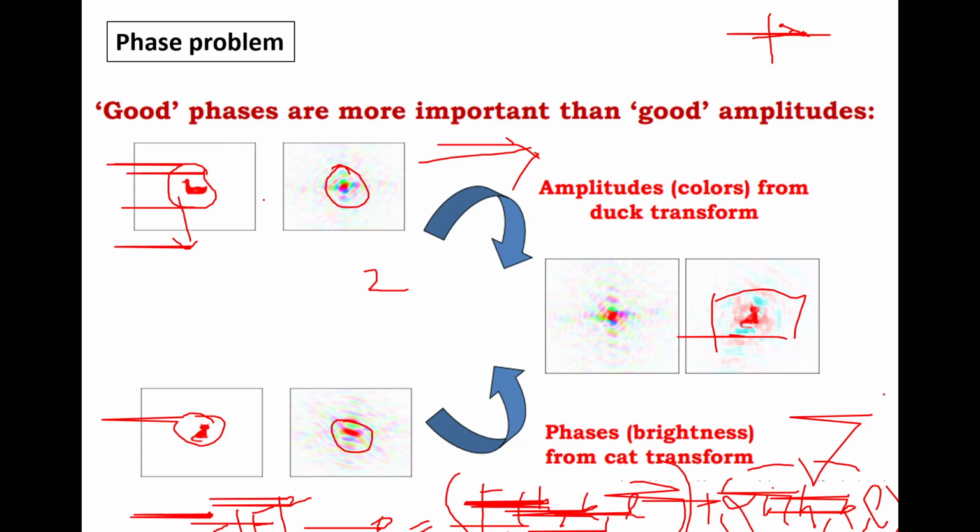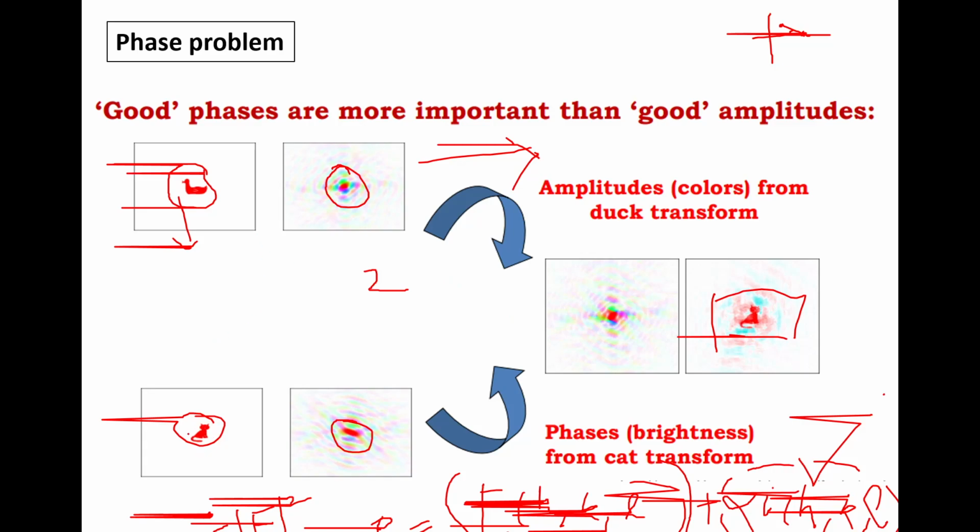If you take the amplitudes of the image of the duck and the phases of the image of a cat, and join them together, the phase of the cat with the amplitude of the duck, the final image looks like a cat. That is why these phases are so important.